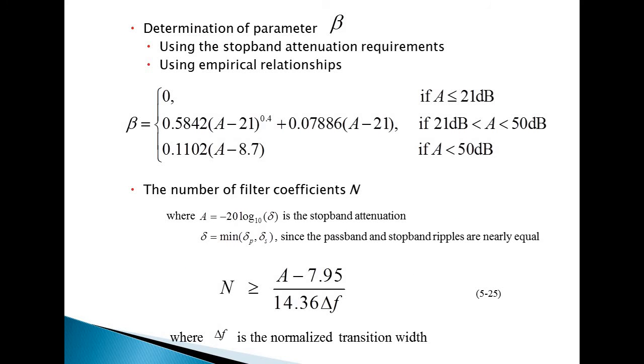So the determination of parameter beta uses the required stop band attenuation with an empirical relation. The beta you have to select with the help of this formula. Then the order we have to find out using this particular formula.